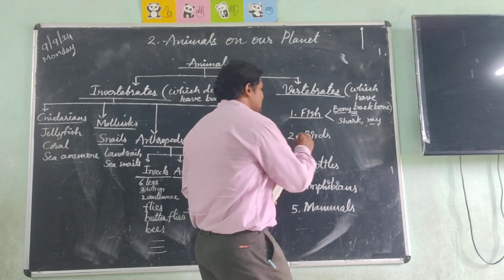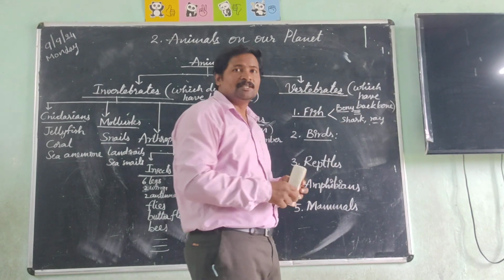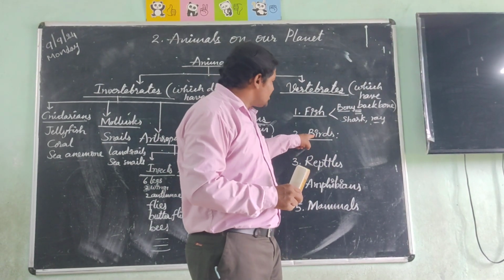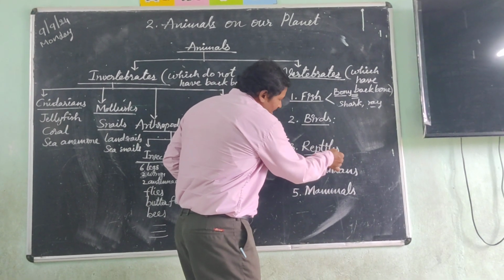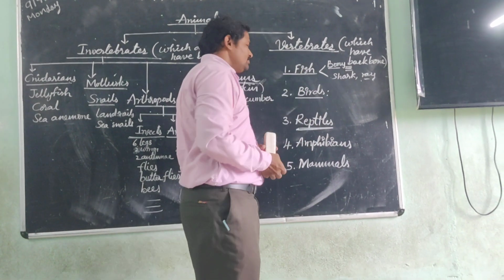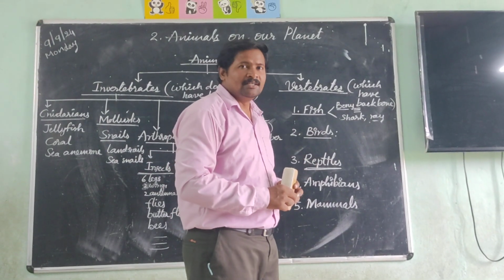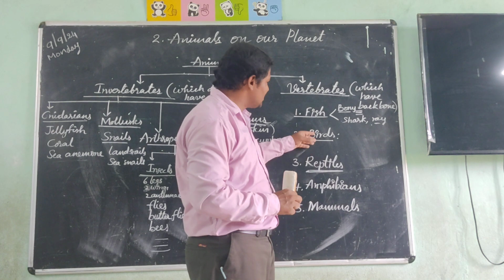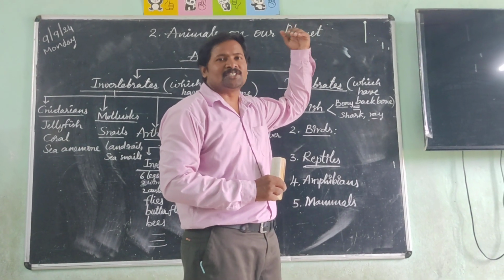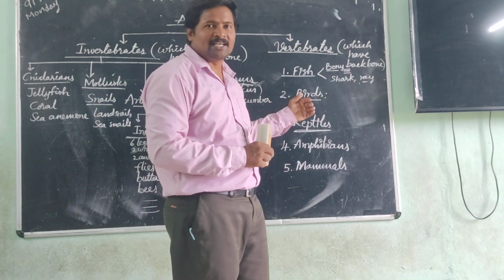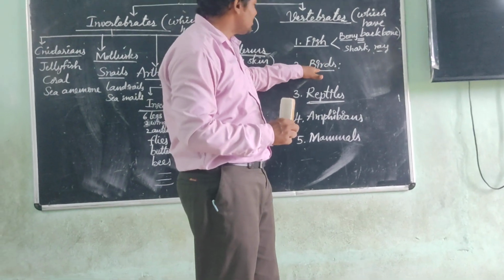That's it. The next is birds. Here birds and reptiles have some relation. Somebody says that the descendants of reptiles are birds. That means the ancient animals are dinosaurs. From the dinosaurs, reptiles developed. From these reptiles, it again took another form, that is birds.